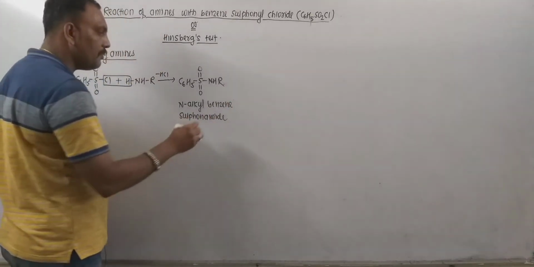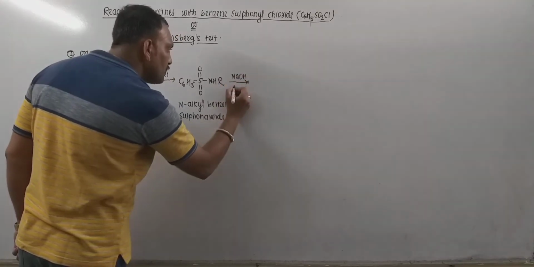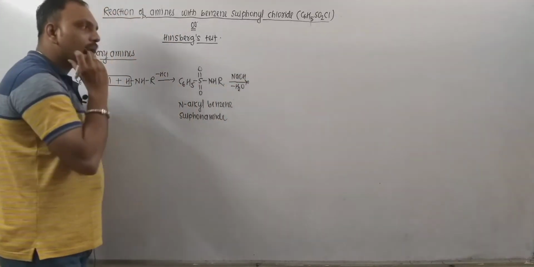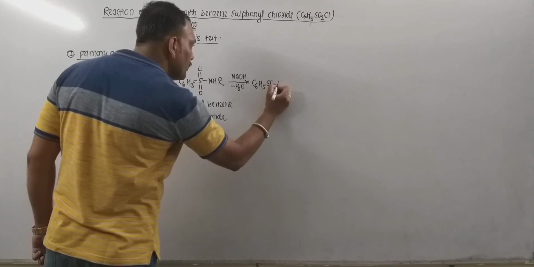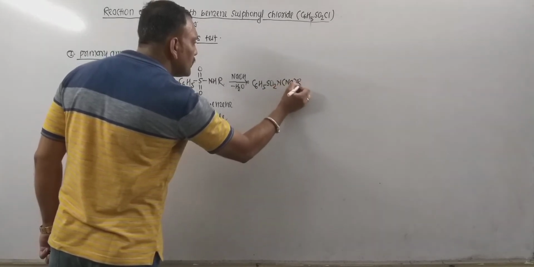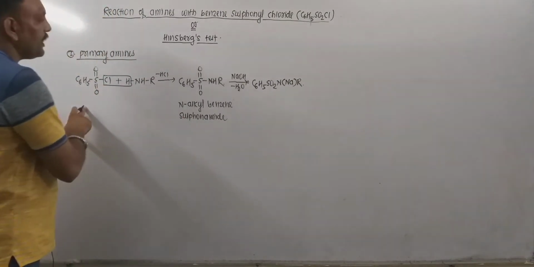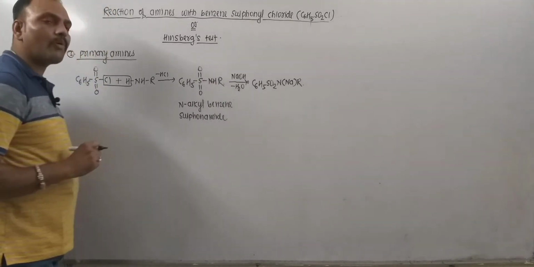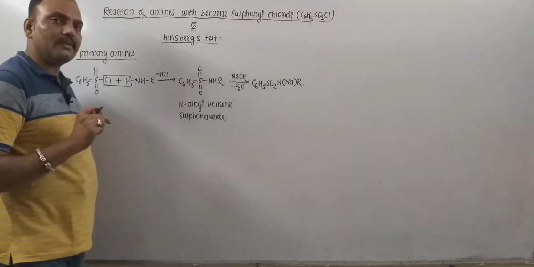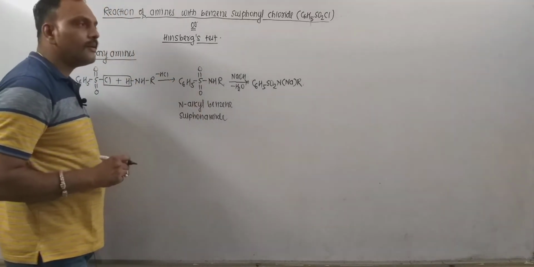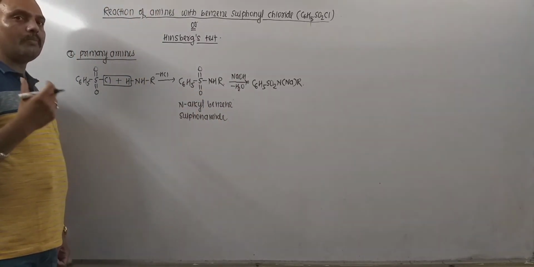Hence when this N-alkyl benzene sulfonamide is dissolved in NaOH, removal of the acidic hydrogen takes place, and this leads to the formation of a salt in fact. Thus primary amines, which give N-alkyl benzene sulfonamide on treatment with Hinsberg's reagent, contain acidic hydrogen. Thus this N-alkyl benzene sulfonamide is fairly soluble in NaOH. That is the point to be noted.